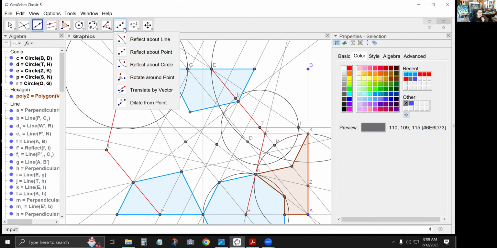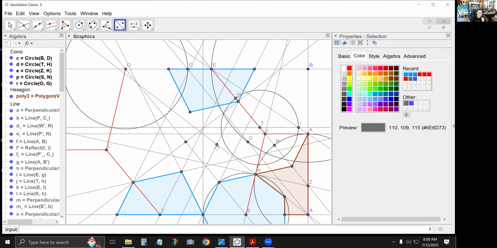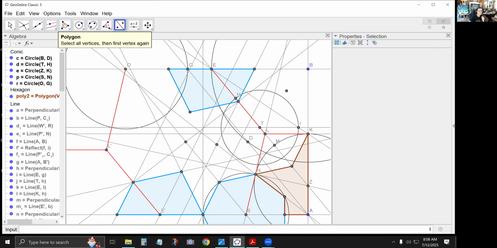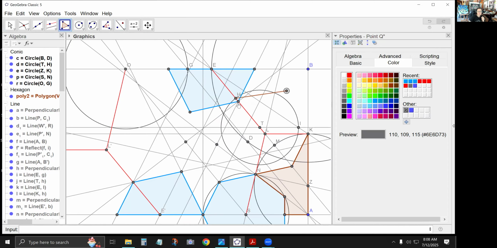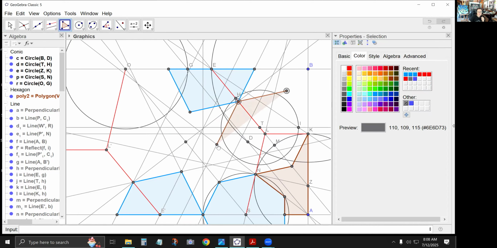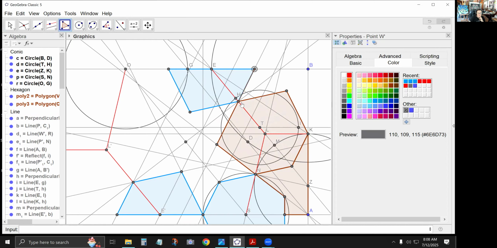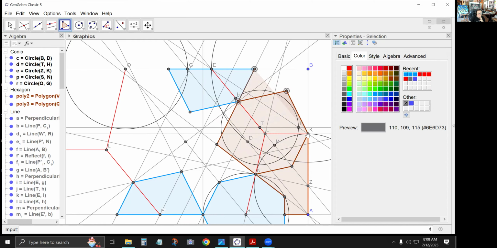And then I'm going to construct the reflection of this point over this line to complete this polygon and this polygon. I'm going to make this one blue.